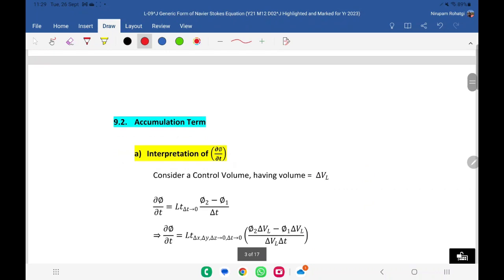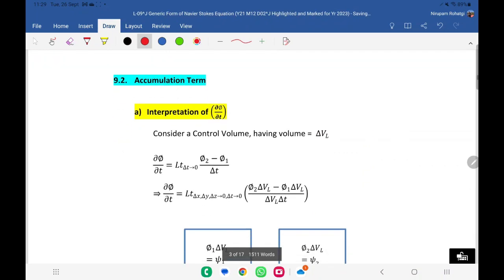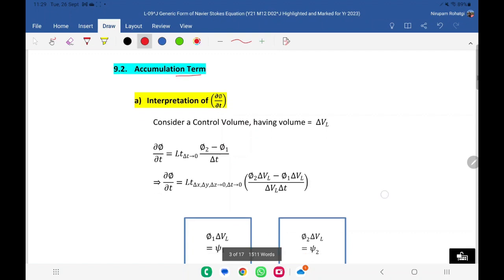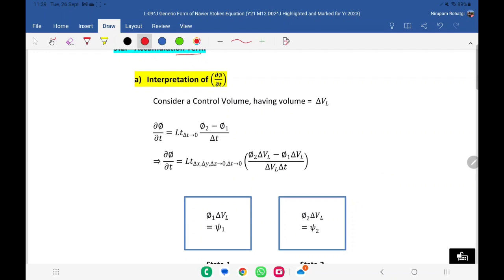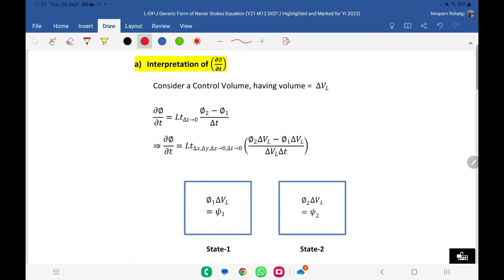now we talk about the accumulation term, and we'll just explain what it is. Okay. So we consider a volume.